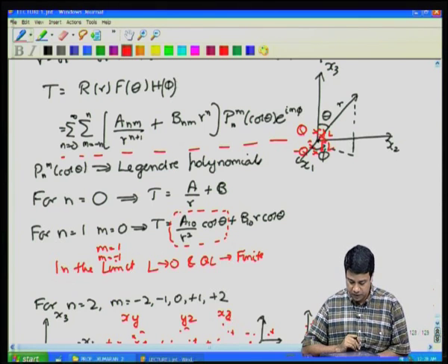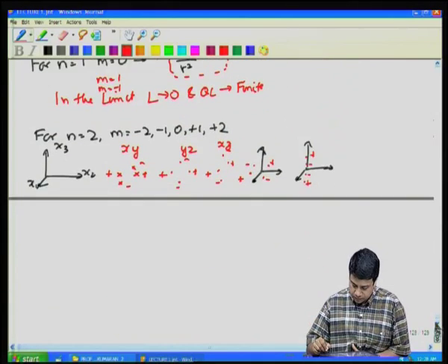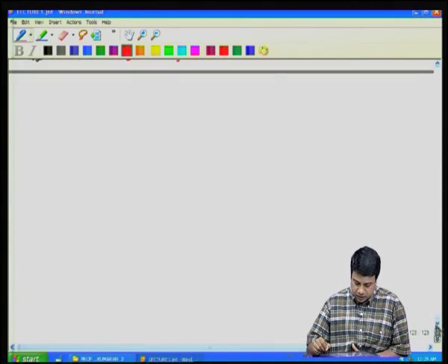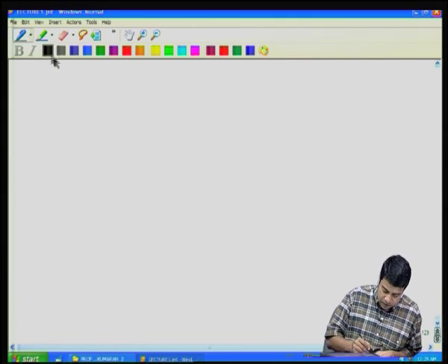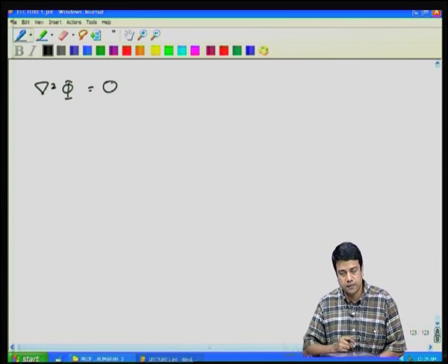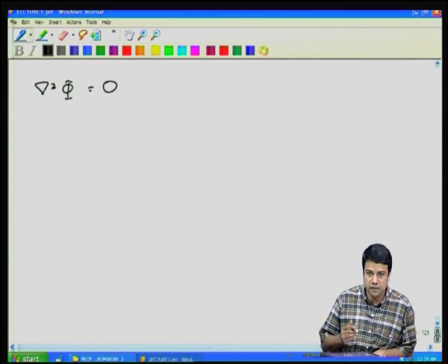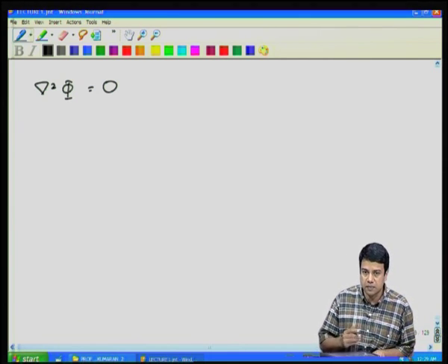Okay. So, basically we want to solve the Laplace equation in spherical coordinates, del square of something is equal to 0. This thing can be a scalar, it can be a vector, it can be a tensor, it can be anything.